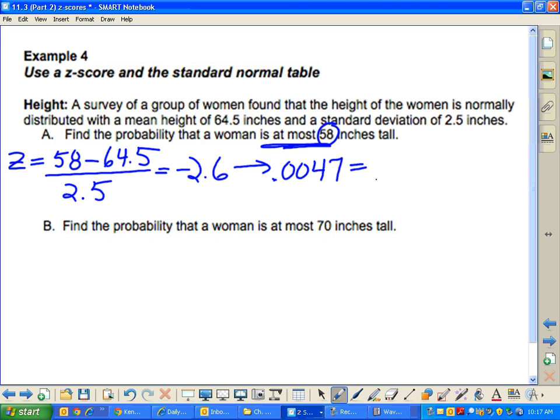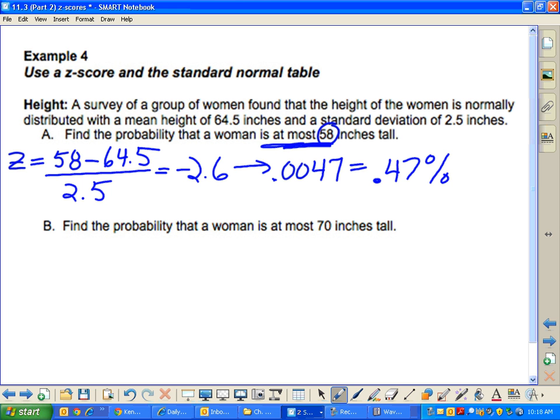That means that we have a 0.47% chance of running into a woman in this survey that is at most 58 inches tall. Keep in mind, 58 was pretty well below the average. Not very many ladies are going to be that far below the average. About 0.5%. Questions about that?